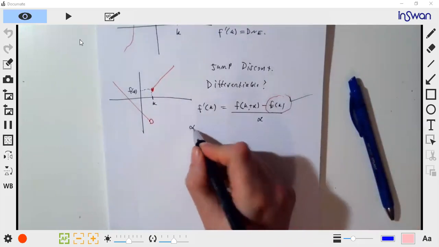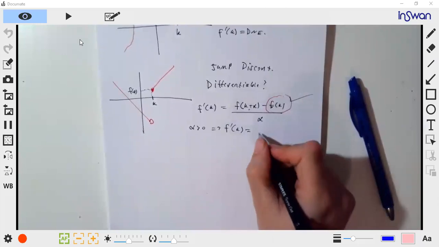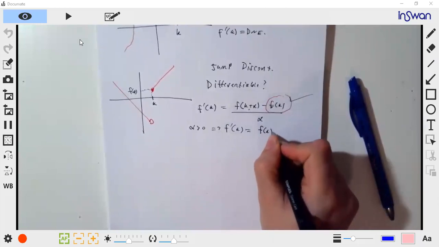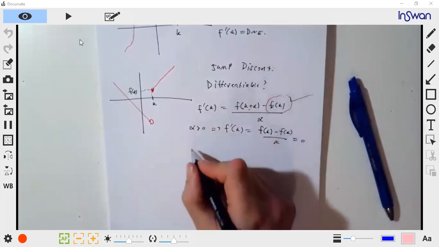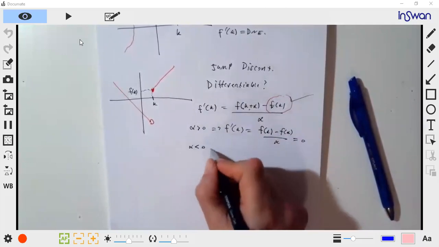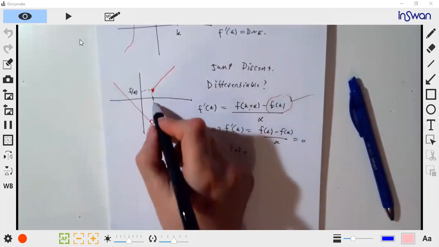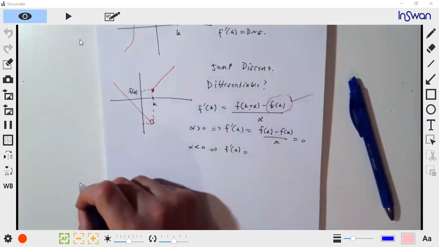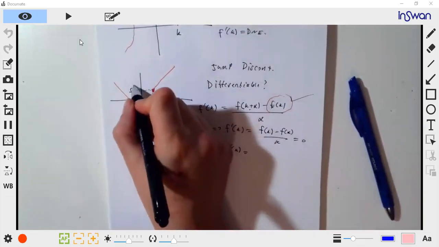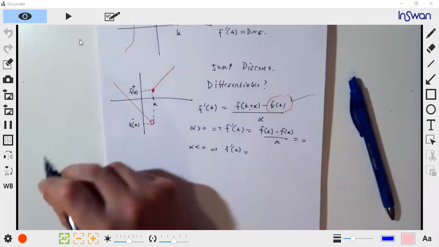So alpha positive implies f prime of k is equal to f of k minus f of k all over alpha, which is equal to 0. But alpha less than 0 implies f prime of k is equal to this value down here. We could call this f of k plus, and we can call this f of k minus, for instance.